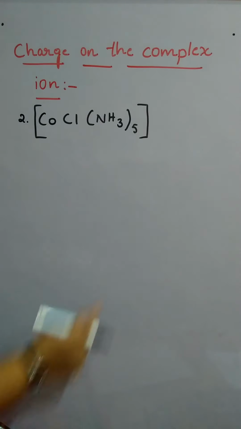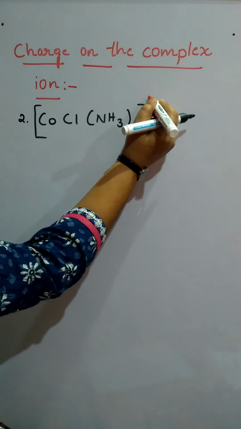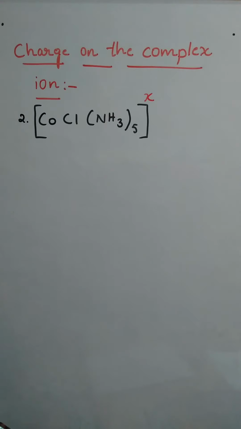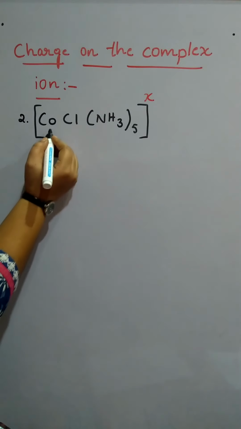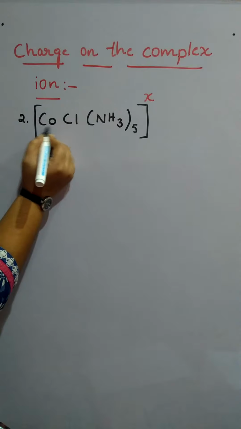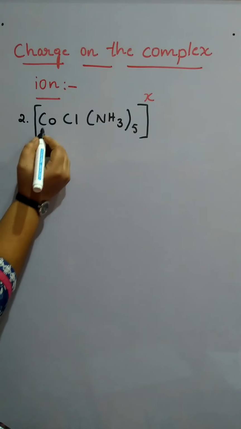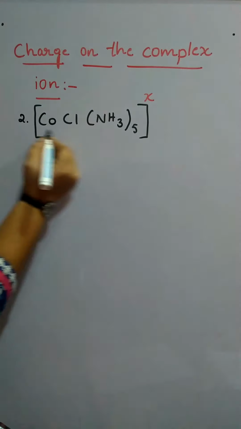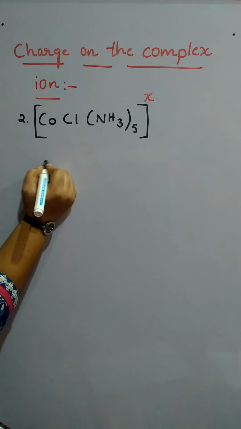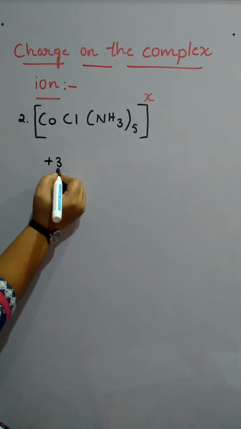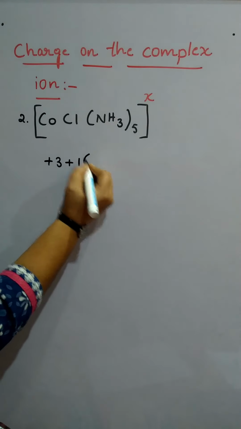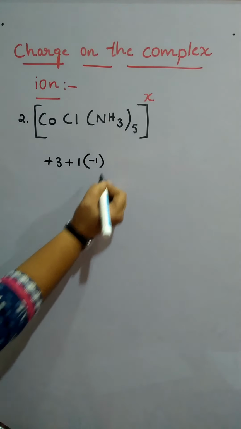A compound is given where we need to find the charge, which I am indicating as X. The charge is the sum of the oxidation state of the metal and the charges of the ligands. The metal oxidation state is +3, it is cobalt. Next, the ligand Cl is -1.